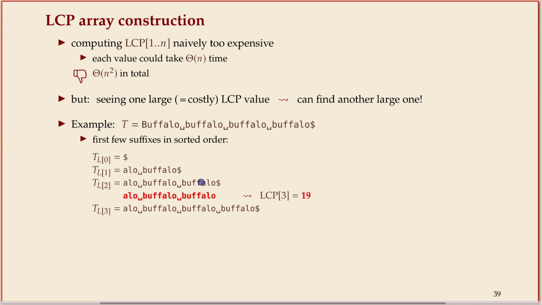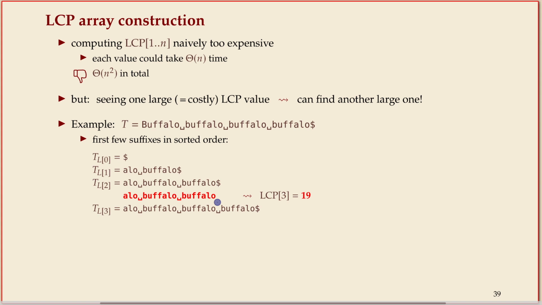For example, here you have this valid, grammatically correct English sentence of buffalo, buffalo, buffalo, buffalo. And you can add more buffaloes to this. If you haven't seen this, a fun one, but it's a bit beside my point. If that's your text, then you may have these two suffixes in sorted order that share a long shared prefix.